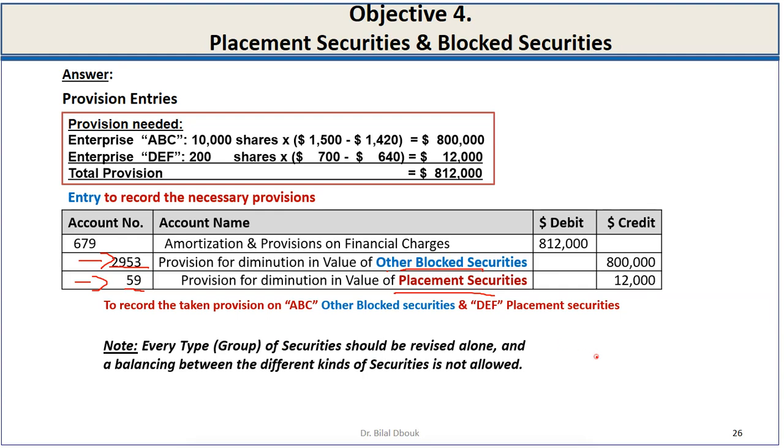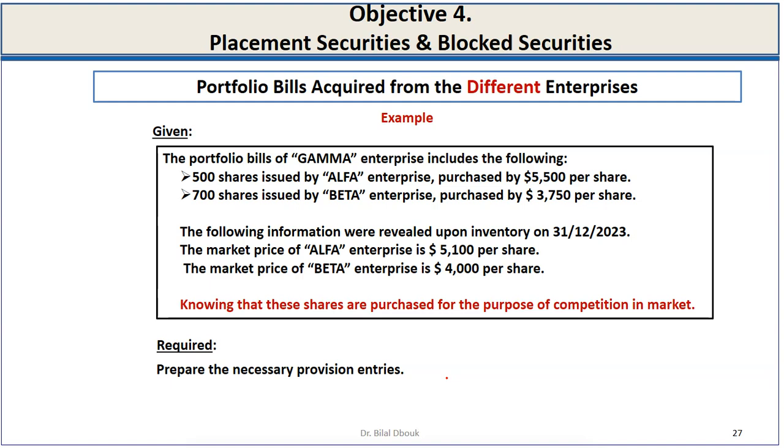So this is a very important note. I can't mix the two types together because, as we said, one type is purchased for long term and the other for short term for trading. So every type should be revised alone, and a balancing between the different kinds of securities is not allowed. This is a very important note to pay attention to.